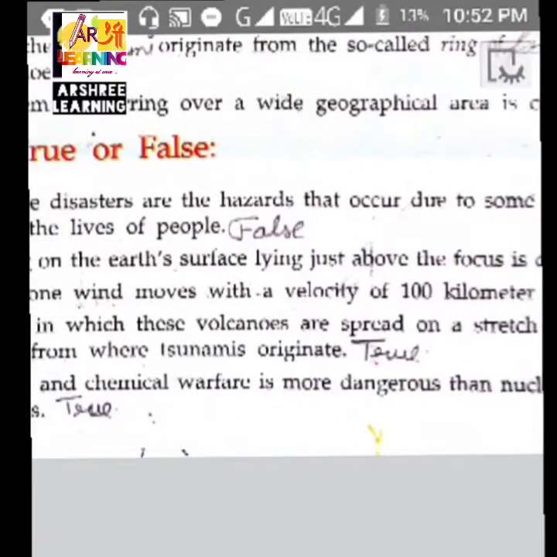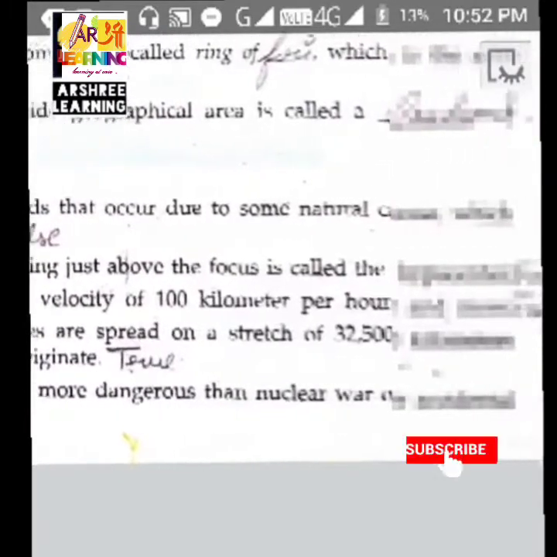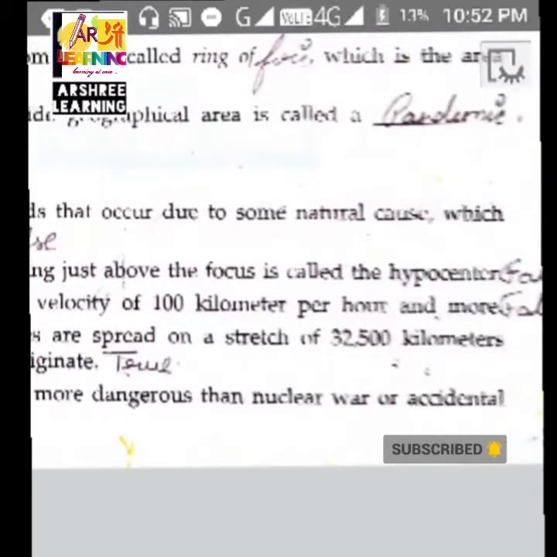And the chemical war. What is a chemical war? Biological and chemical war is more dangerous than nuclear war. Why is it called biological? It is just like a country wants to destroy another country, they will not use bombs and missiles, they will just send disease into the country in different ways.